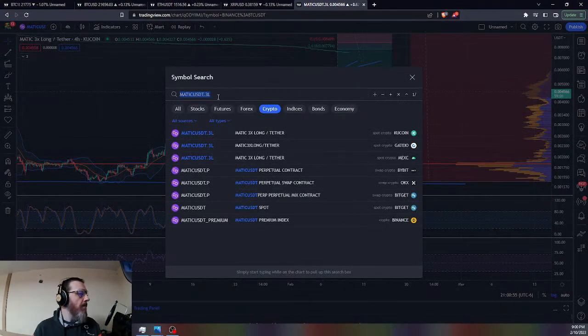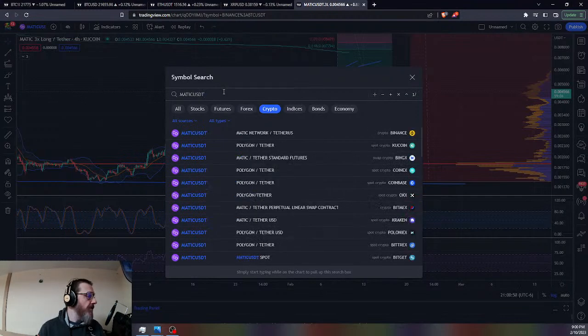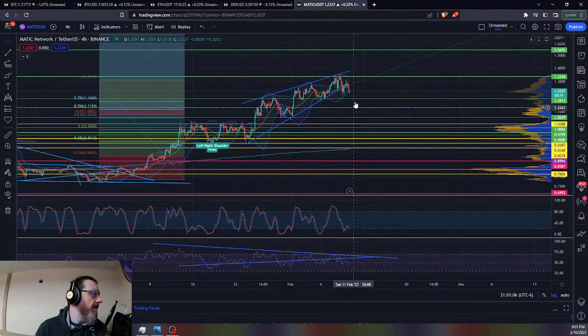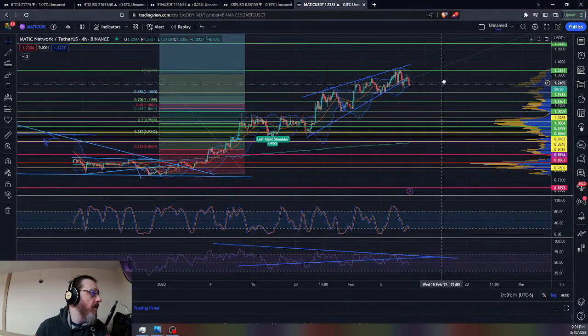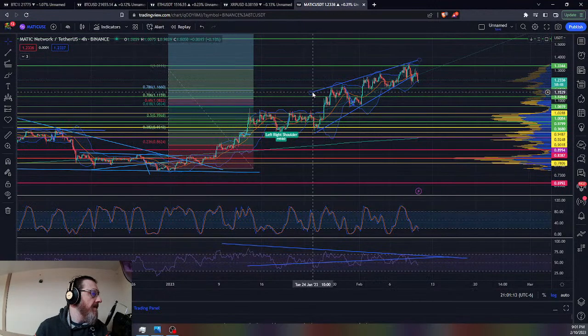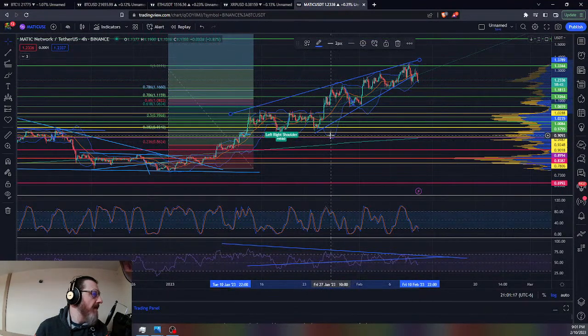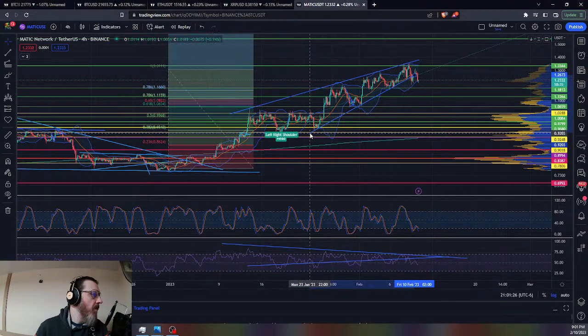I want to jump back over to Matic, which I did have the 3L long token pulled up for KuCoin there, but I'm going to move back over to the Binance USDT chart on the 4-hour, and we can see that Matic has been in this sort of a rising wedge for quite a while here, in a pretty steady uptrend, and it did break down of this support here.